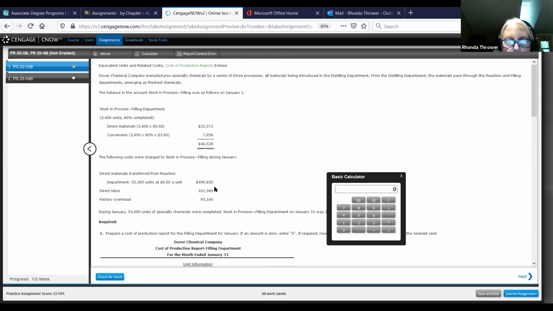So our direct materials cost that we received from the reaction department was $496,850. I'm going to add to that my direct labor of $101,560. And I'm going to add to that my factory overhead, which was $95,166.